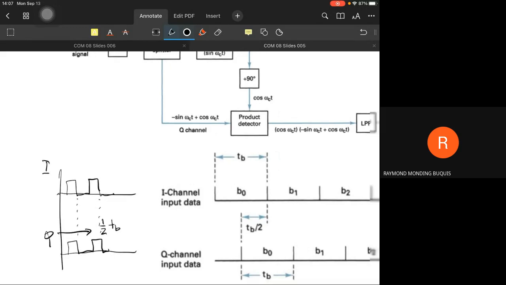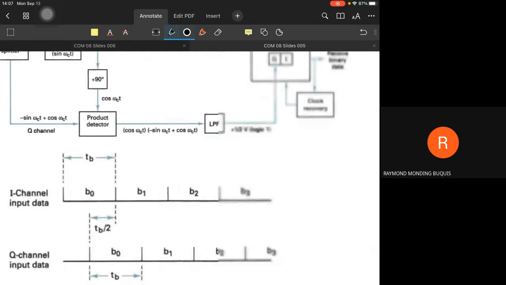As you can see, delay by 1/2 digit with respect to I.